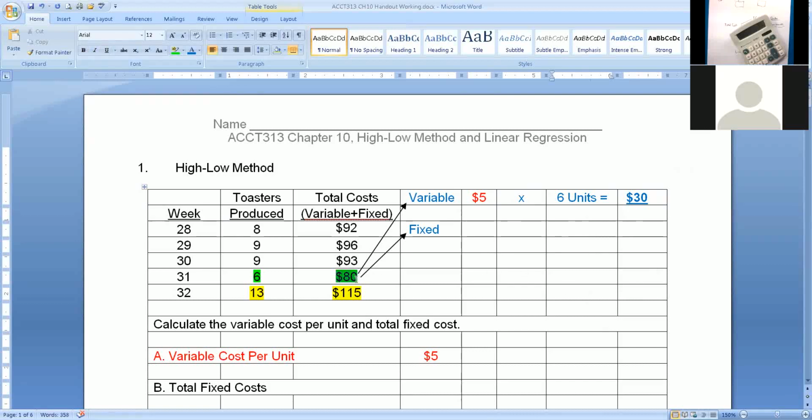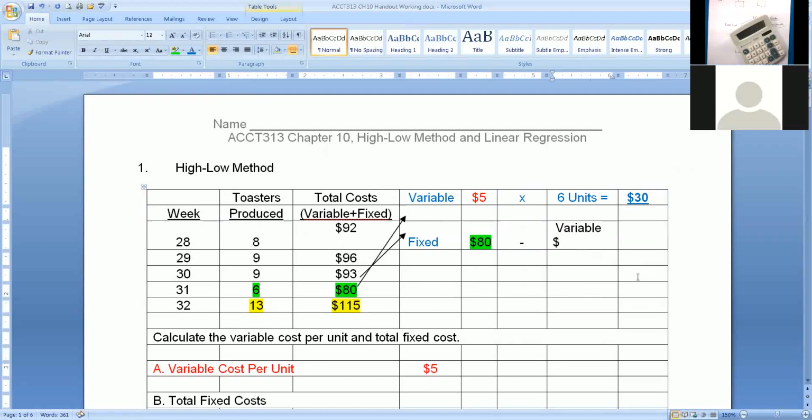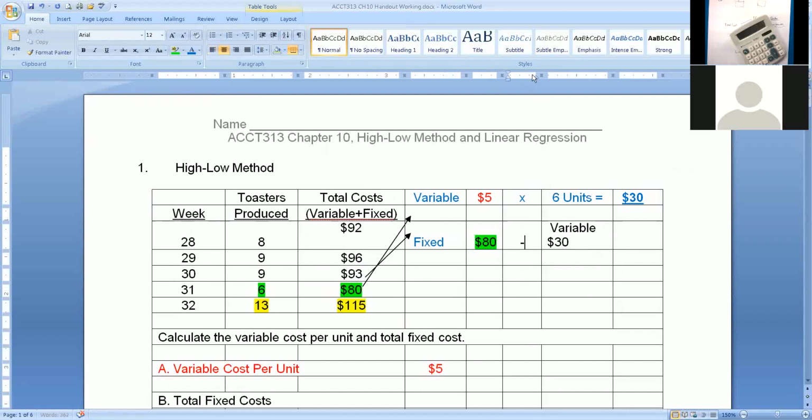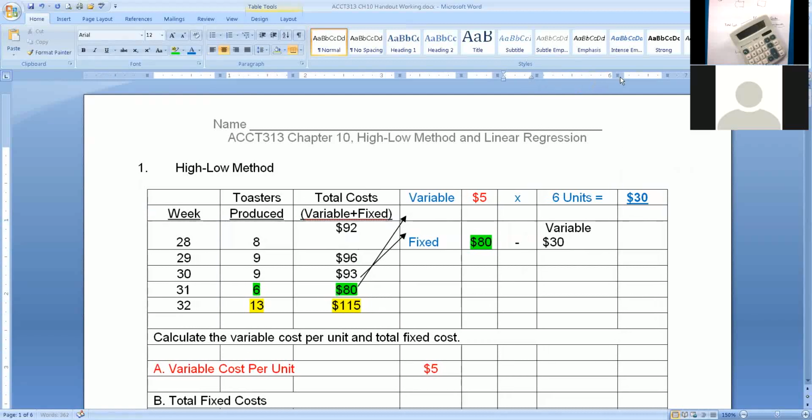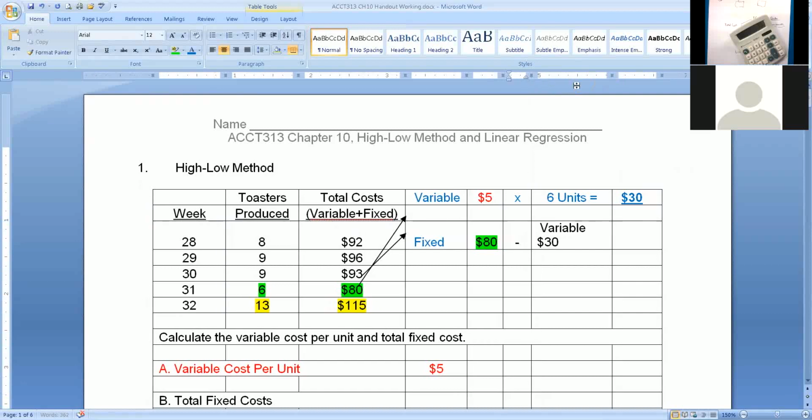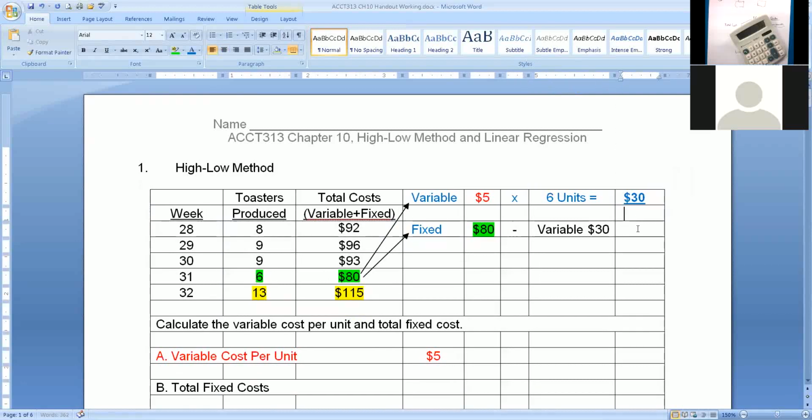Okay, well, if we take the total cost, it has both variable and fixed. Subtract out the variable cost of 30. That equals what? 50?